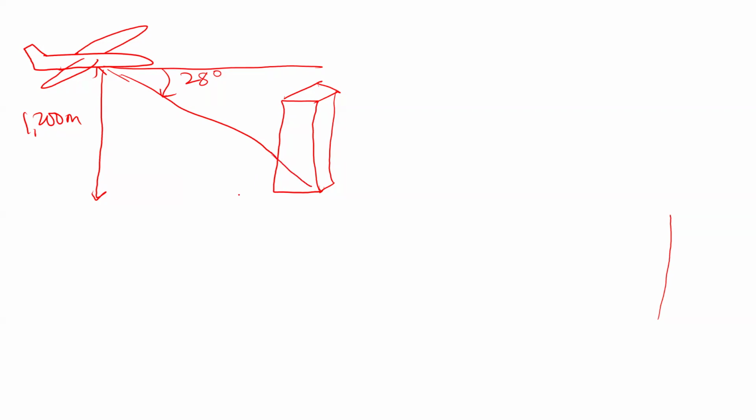Let's imagine that that's the building. And the airplane is 1,200 meters high. And then the angle of depression of the building with respect to the airplane is 28 degrees, right? So the question would be, how far is the airplane with respect to the building?